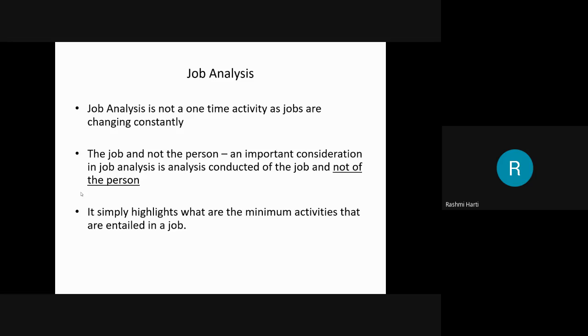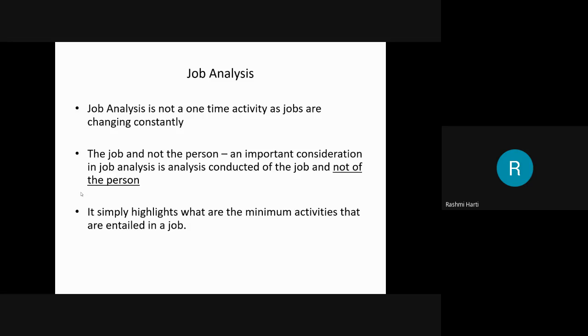Fine. So it simply highlights the minimum activities that are entailed in a job. Whenever you go searching for a job on naukri.com or timesjob.com or whatever it is, you will get a job description, or maybe specifications of the job, or job duties, or job profile, it can be named in any terms. What you are seeing is nothing but the job analysis.